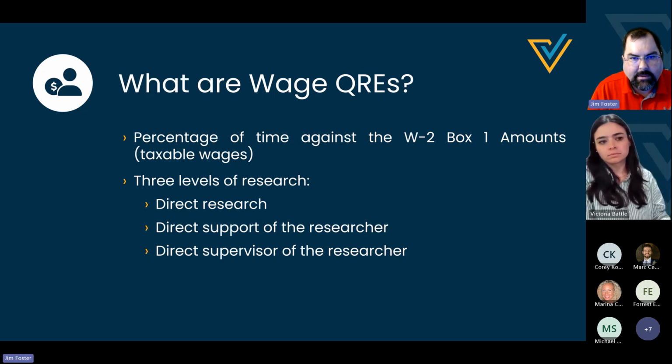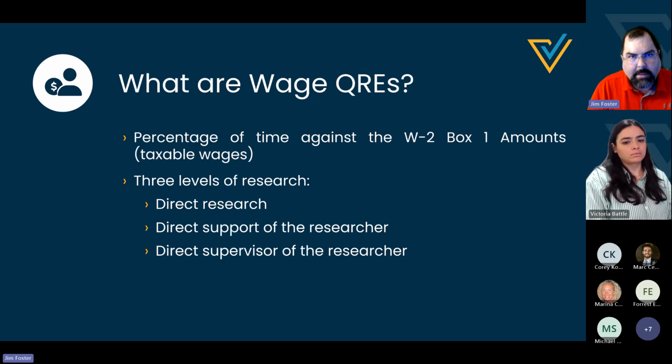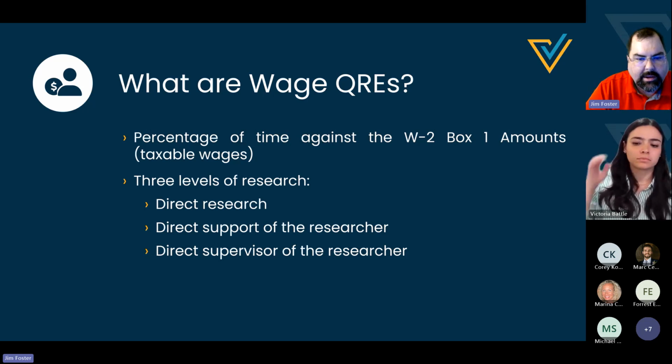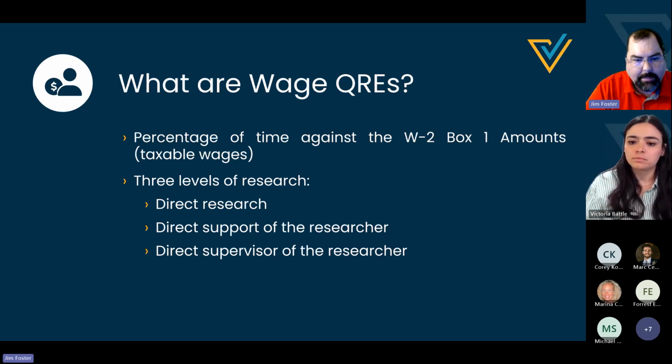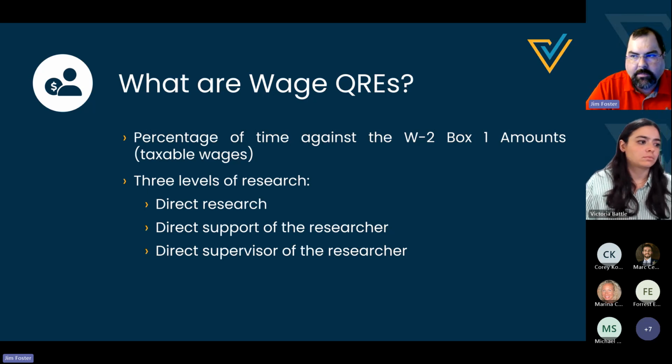This is not done by an org chart. This is done by who's the person that the researcher is going to for technical questions. And so on an org chart, it might be, well, here's my boss. But if that boss is the person that's just managing them from a personnel point of view and not from a technical point of view, you don't want to capture that person.